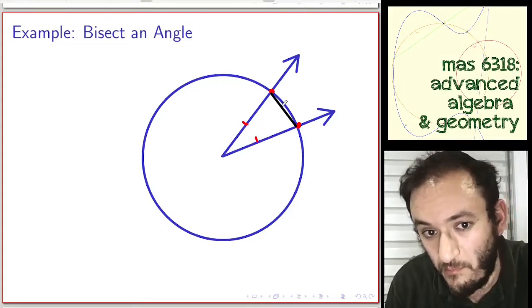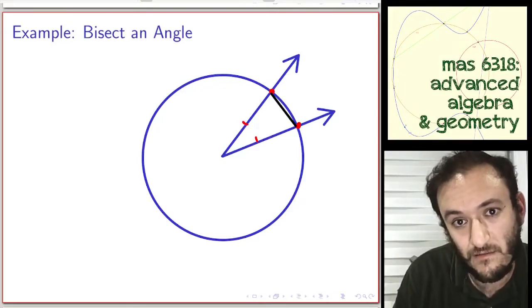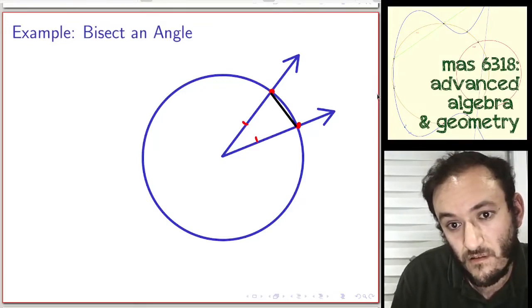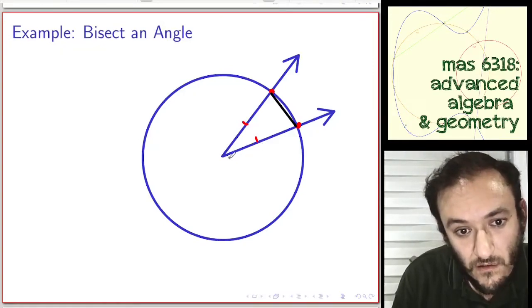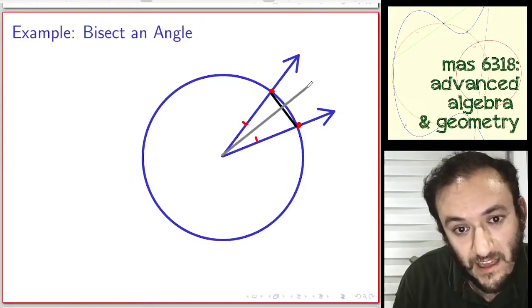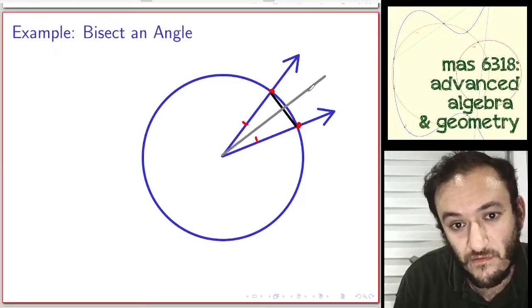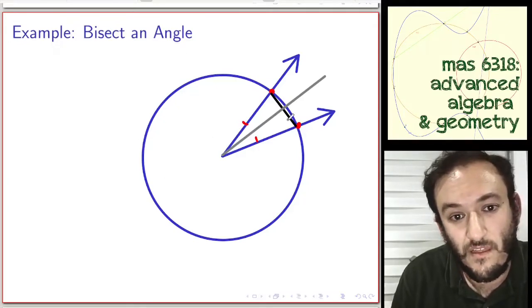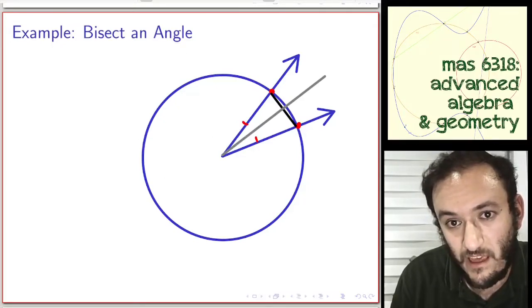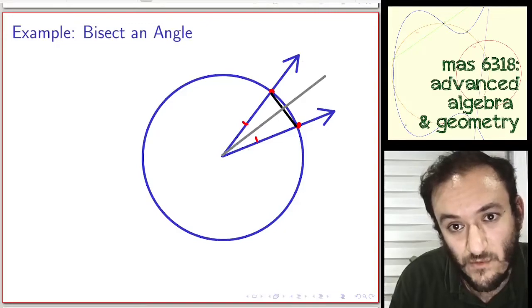And if we bisect this line, and let's grant that we can bisect that line because of having done it earlier, that gives us a bisection of this angle as well.